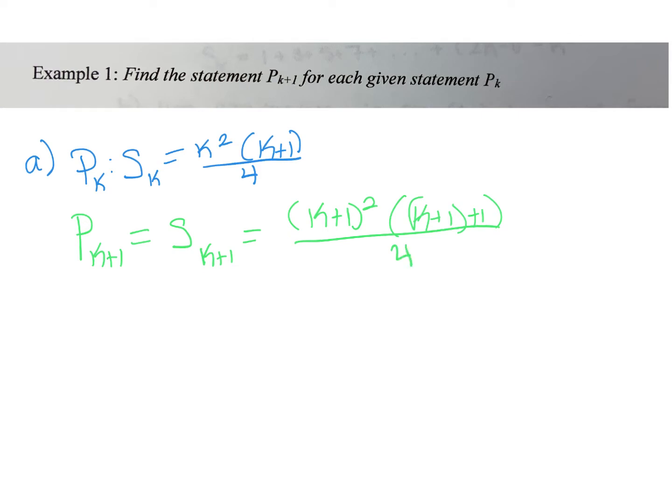And really the only simplification that I can do is this piece right here. So we're going to clean that up. K plus 1 plus 1 is k plus 2. So we can write our final answer as k plus 1 squared times k plus 2.